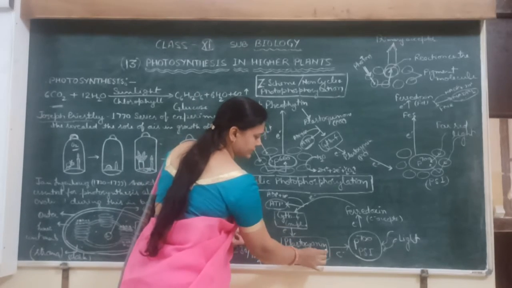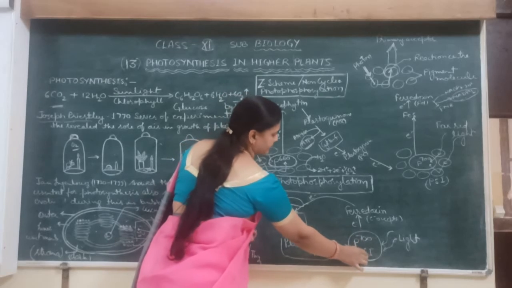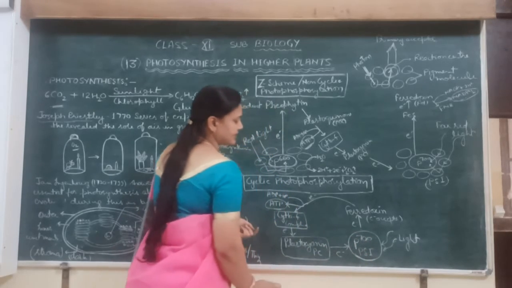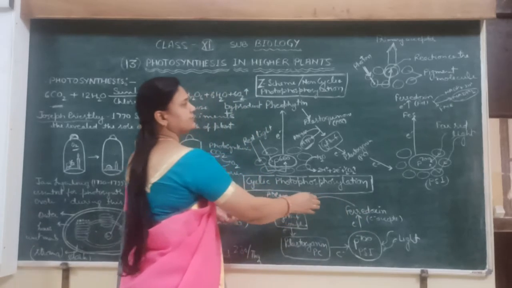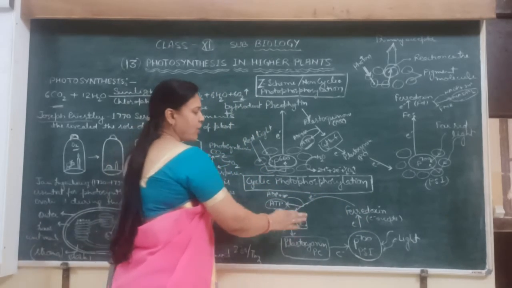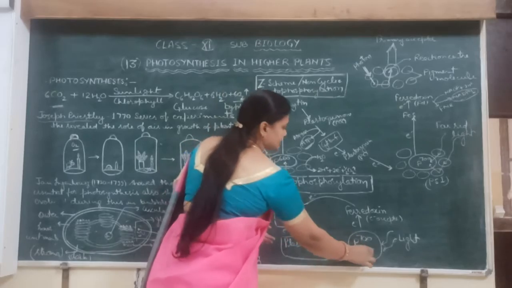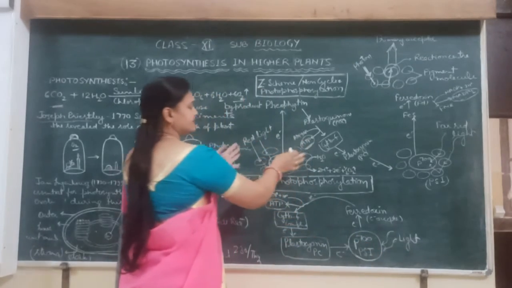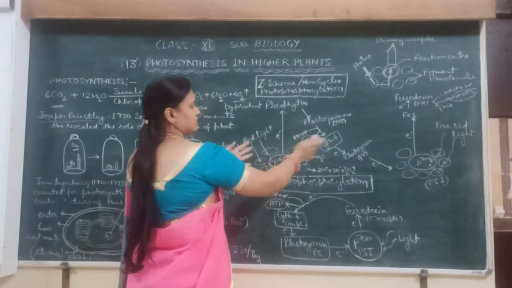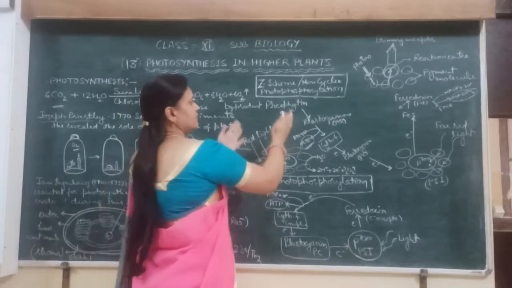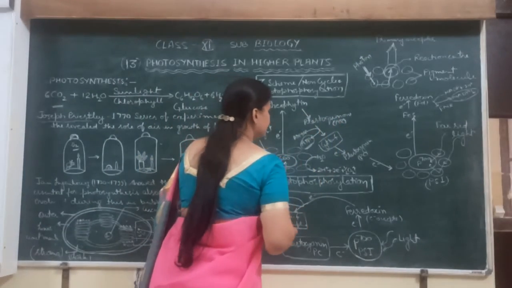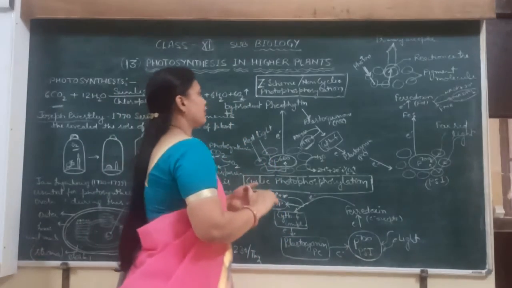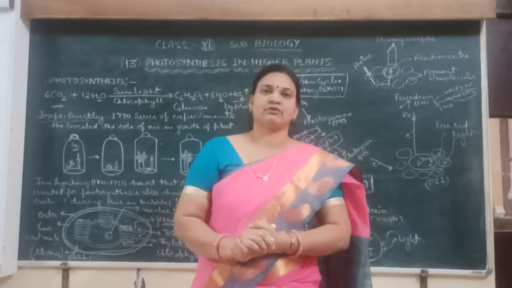Then from plastocyanin it again goes to P700, that is the reaction center. So this is the cyclic pathway, and during this NADPH2 molecule is not formed, only PS1 is working, whereas in the Z scheme PS1 and PS2 both are working, and with the ATP molecule NADPH2 is also formed. So it is all about the Z scheme and cyclic photophosphorylation.